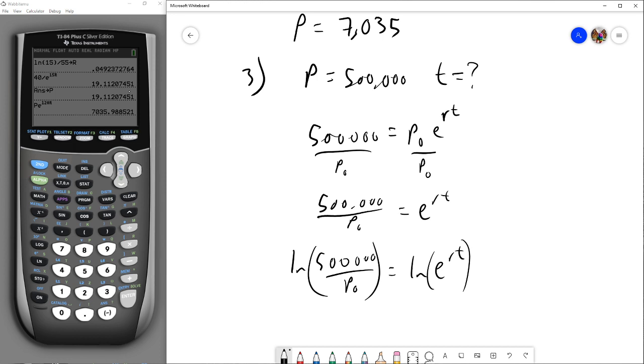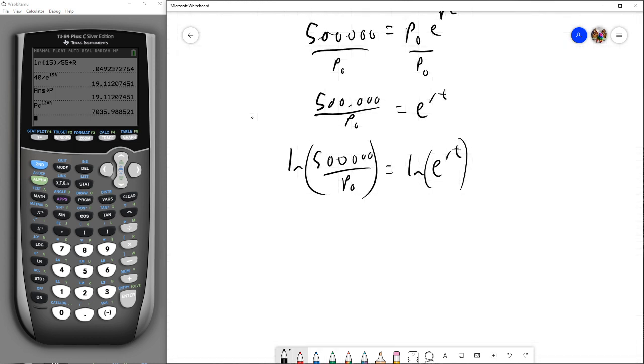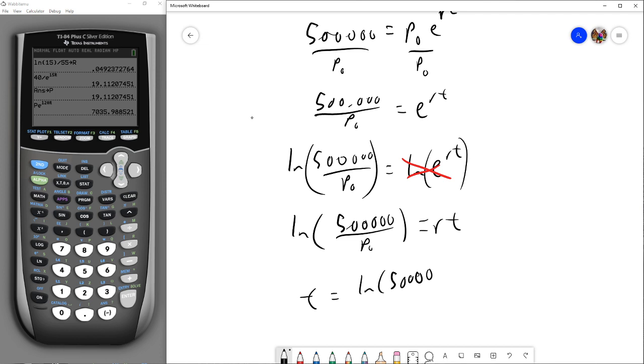Now, by our property, we know that the exponential and the logarithm will cancel each other out because they are the same base. So that leaves us with the following. Divide out the r and we get t is equal to the natural log of 500,000 over our P naught, all divided by our r value.